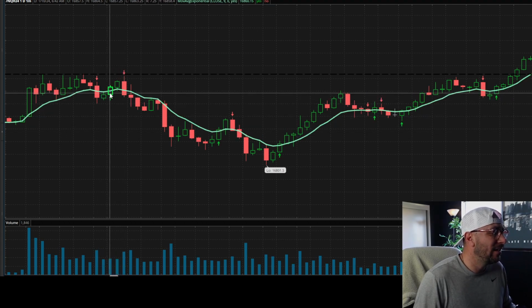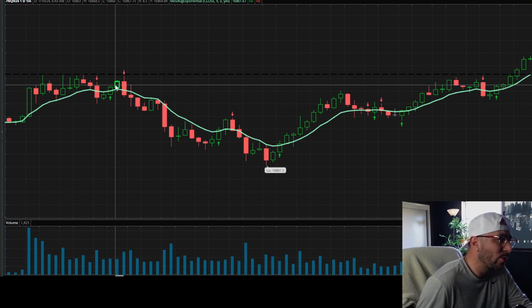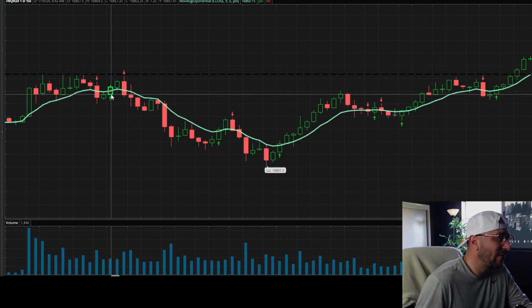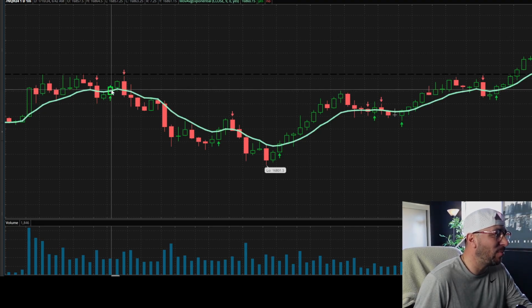However, this candlestick at 6:42 a.m. Pacific Standard Time does give us confirmation and a reason to enter the trade. Our stop loss would be below the low of the previous 5-minute candle. Essentially, we would be risking 7 points, not dollars, points.